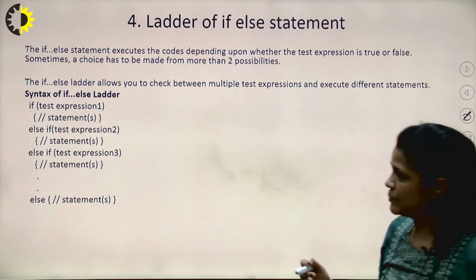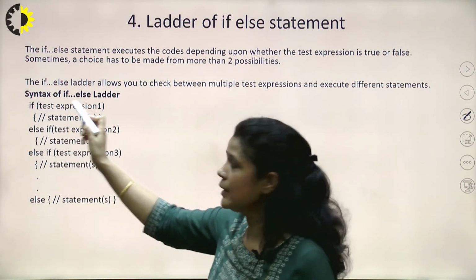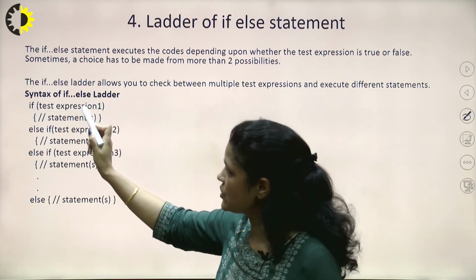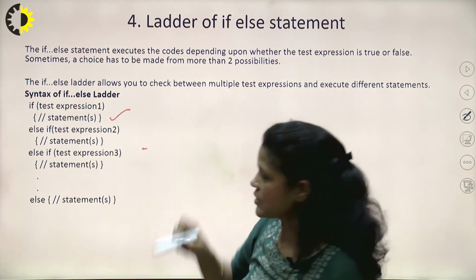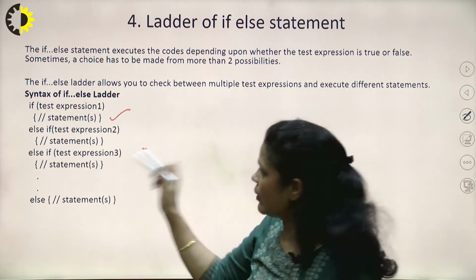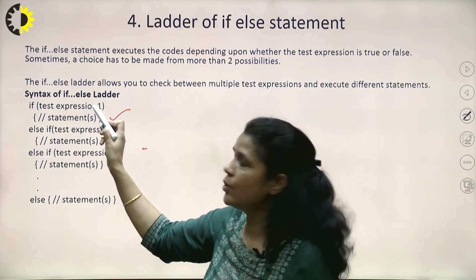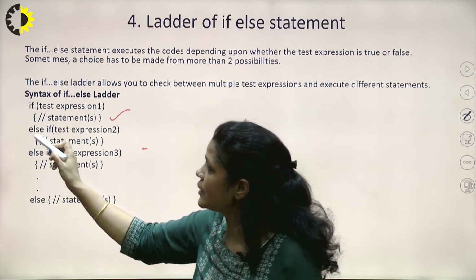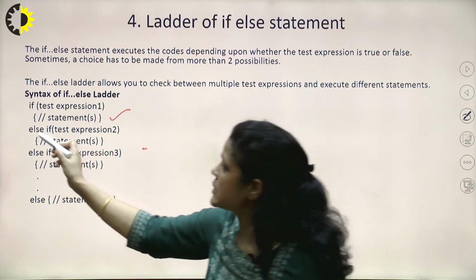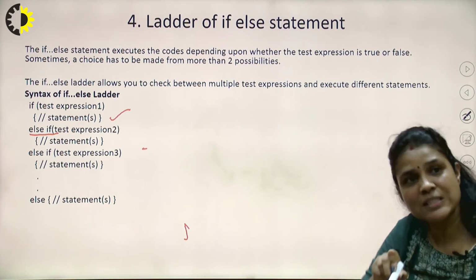How does it work? We will write if and then an expression. If the expression is true, the statements written inside these curly braces will be executed. And if it is not true, it means it is false, then we'll come to the else part. In the else part, it is not only else, it is basically else if. So in the else part, if is associated.